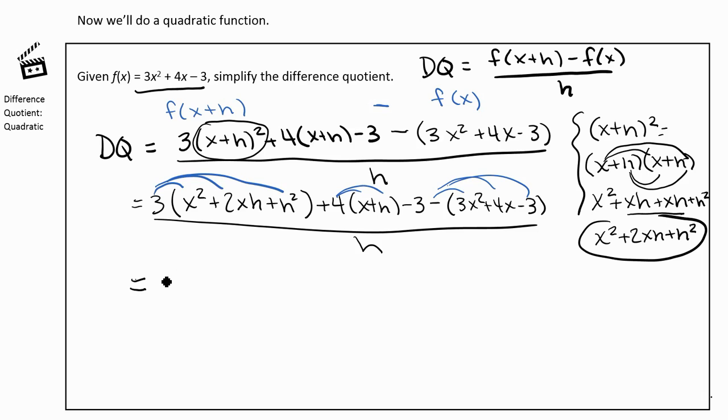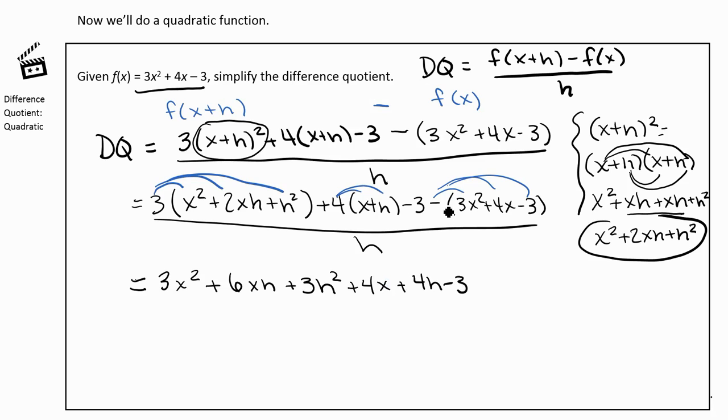So we'll distribute the 3. We get 3x squared plus 6xh. That's the 3 times the 2xh. And then the 3 times the h squared, so plus 3h squared. Now I'll do the plus 4, so plus 4x. And the 4 and the h, plus 4h. This minus 3 is just by itself, so minus 3.